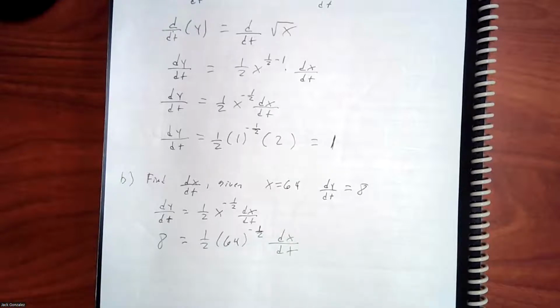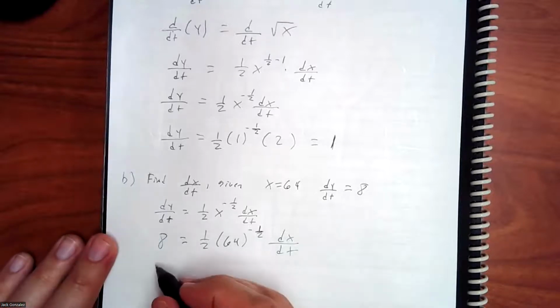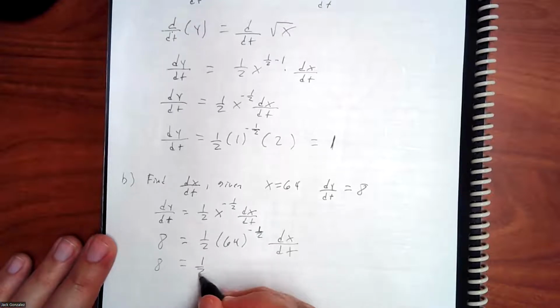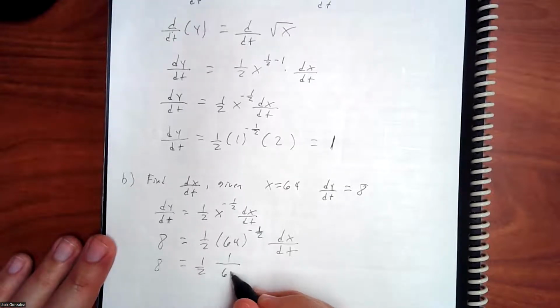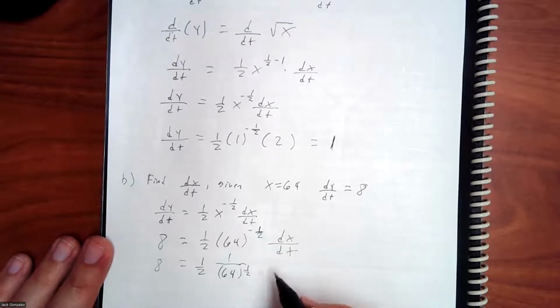So what does a negative half power mean? The reason it's going to be an 8 is because this goes to the bottom: 64 to the 1/2, which is a square root.